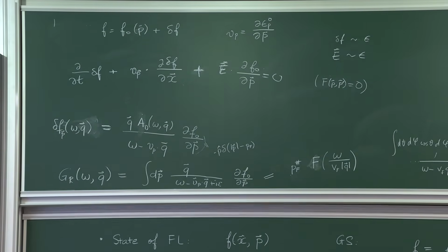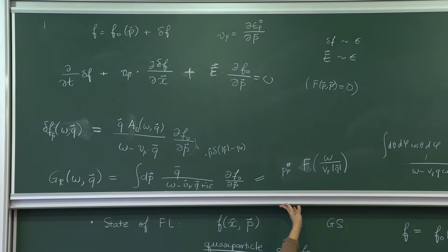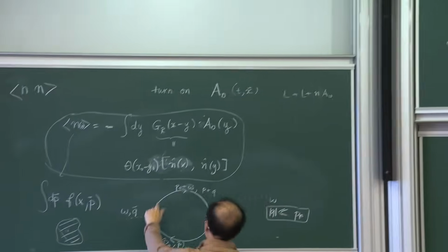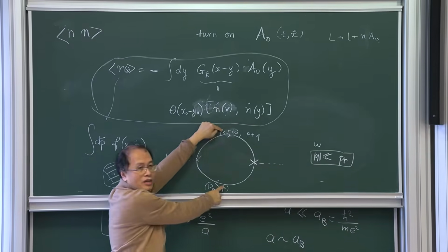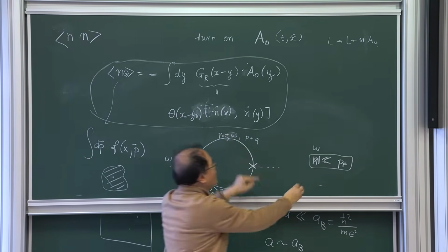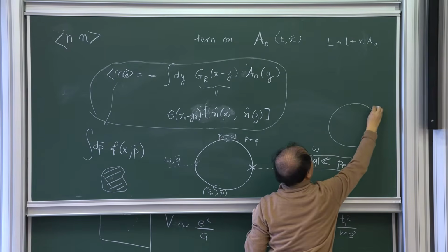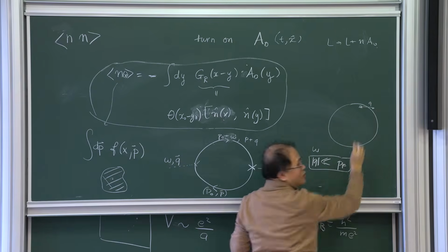In particular, this is a complicated non-analytic function, and the non-analyticity in this loop integral comes from the fact that here you have a particle-hole pair. When we shine photons with momentum q, we create a particle and a hole pair that's separated by momentum q.